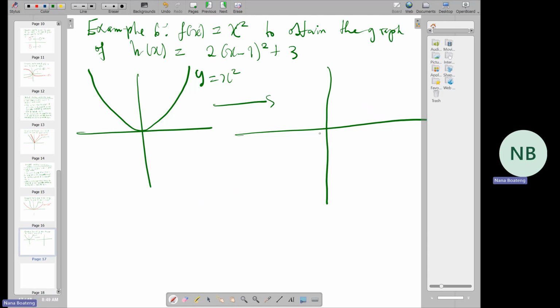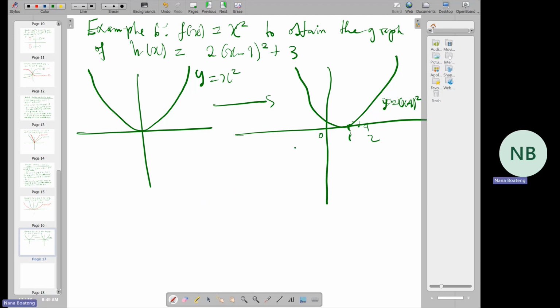So instead of starting from 0, it's going to start from 1. So this is the graph of y is equal to (x minus 1) squared, which is a shift 1 unit to the right.